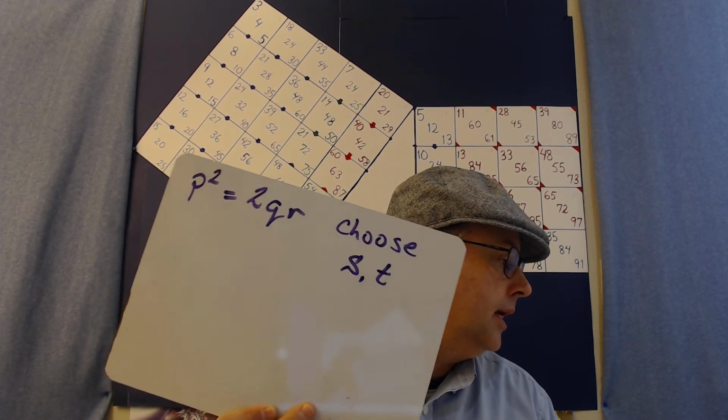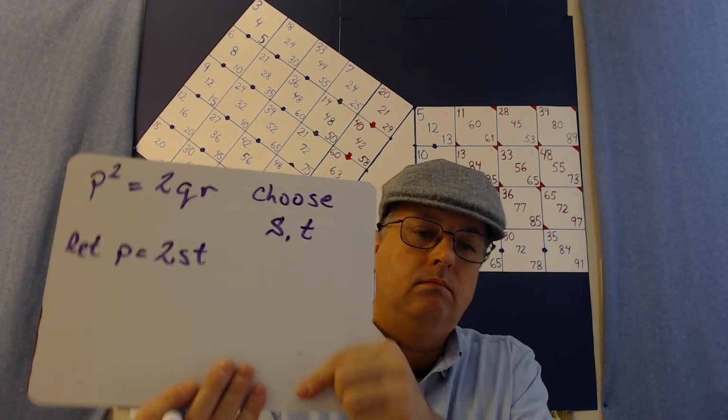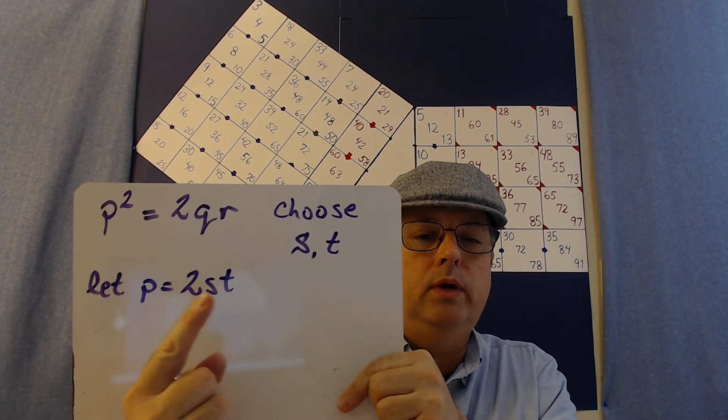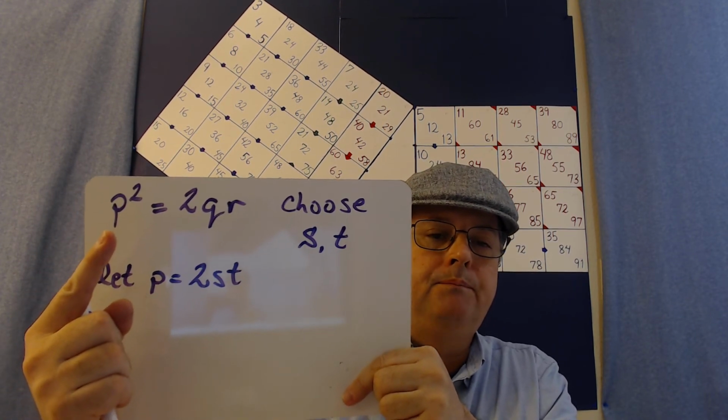And let's say that p equals 2st. Okay, so 2st is going to be in place of the p.